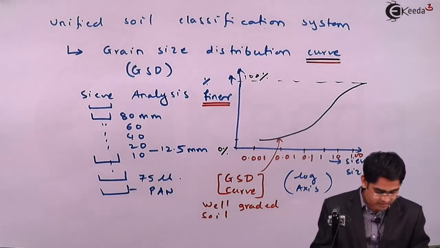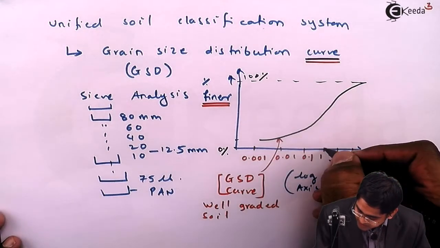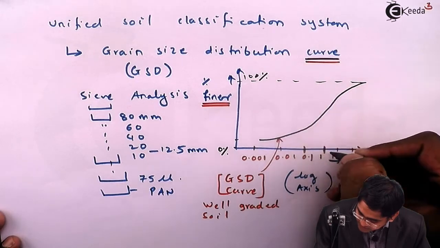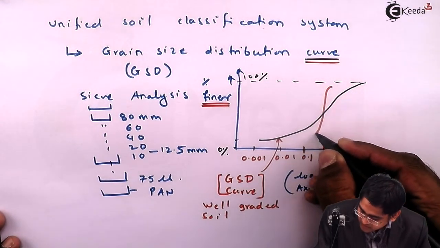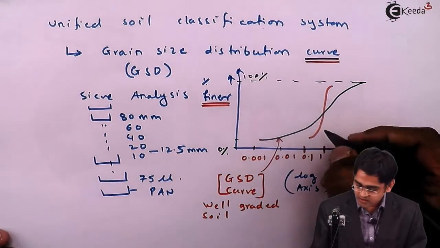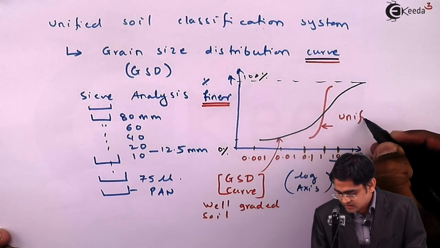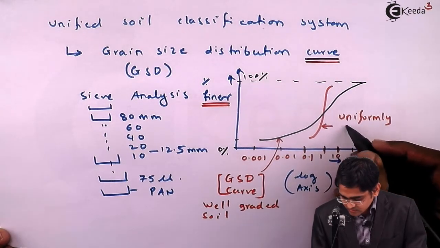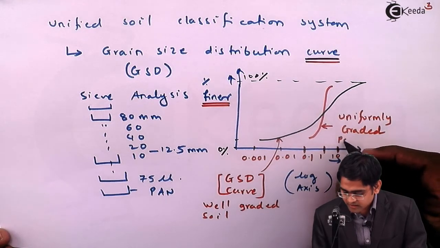If the range of particle size present is only between, say, 10 and 0.1 mm, and we have a curve like this, this soil we call uniformly graded, also called poorly graded soil.